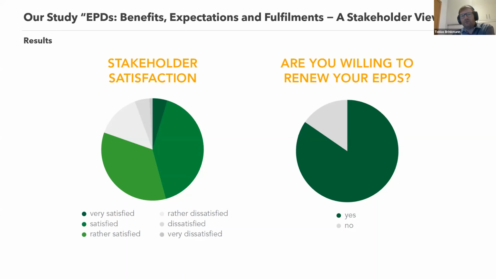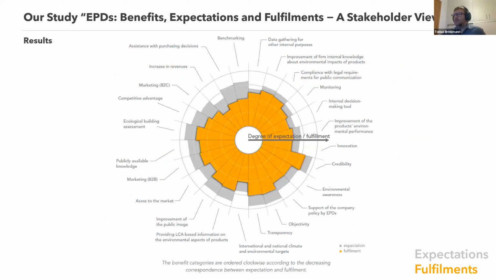But also, if we take a look at the results for the benefit dimensions, now you see a cake diagram, and the pieces are the dimensions.